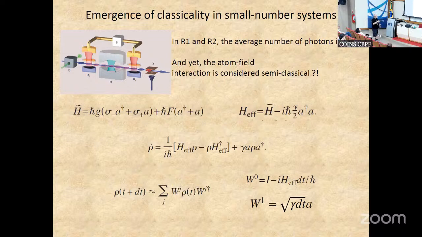Okay, so I told you about these cavities here that rotate the atomic state without entangling with it. Usually we would say that this is a laser field with a very large average number of photons. That's how you think about unitary rotations of a qubit, of a two-level atom. Why?